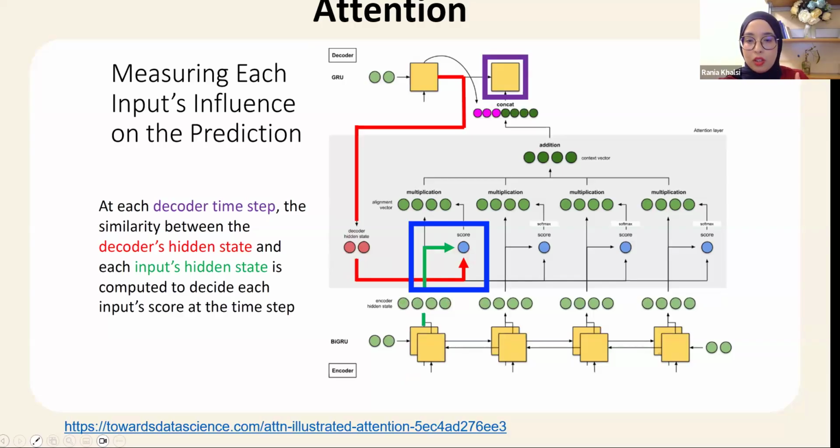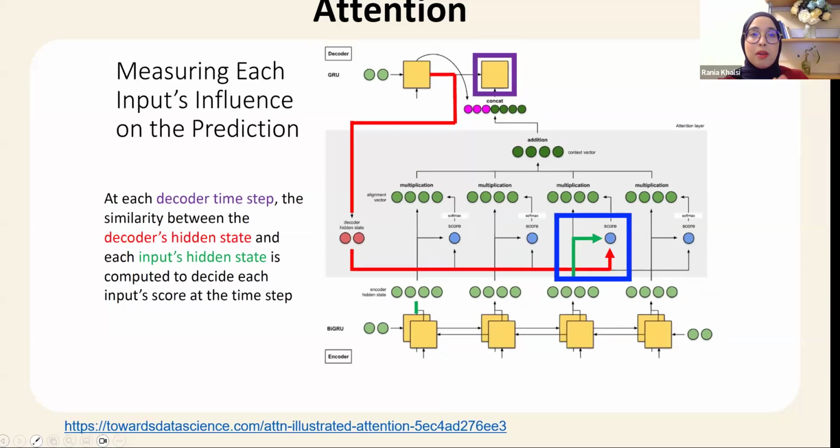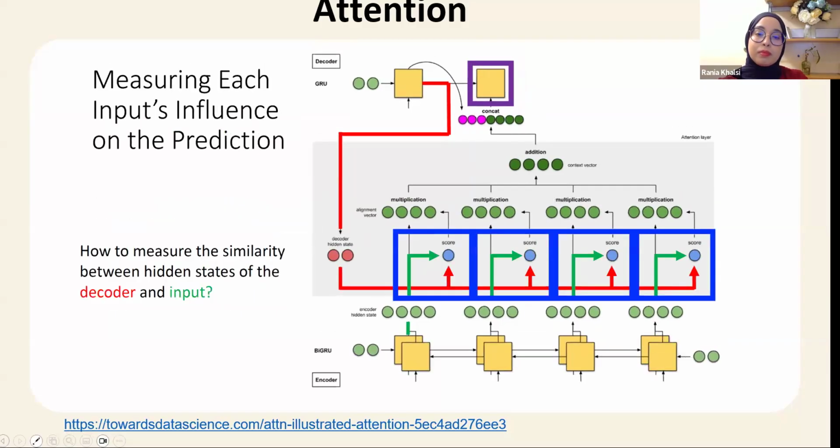Once we have these scores, where do we get them from? We get them by measuring the similarity, and this allows us to generate these scores. This similarity calculation is performed, like I mentioned at the start, for each time step. This is for the first time step, and we do the same for the second, the third, and the fourth time step.